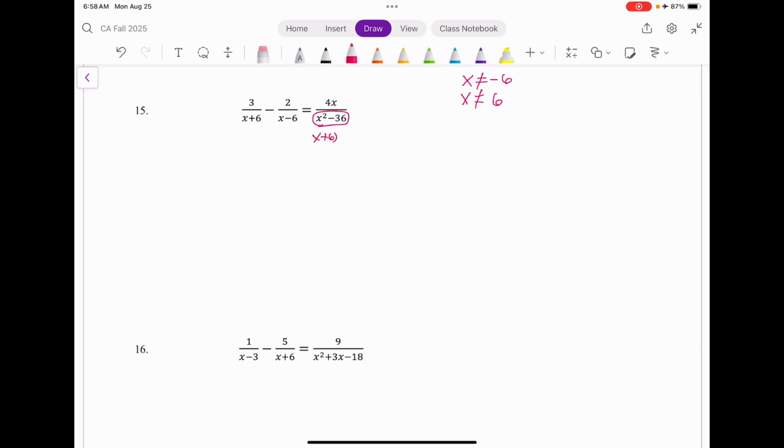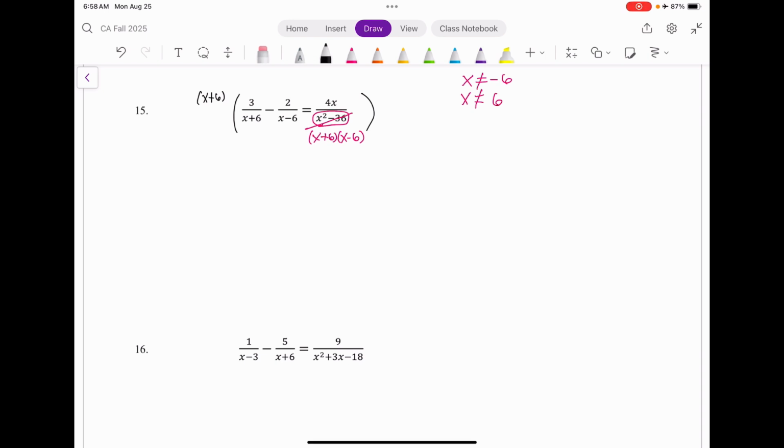So that actually factors into x plus 6, x minus 6. And I'm actually going to just replace the denominator with its factored form, so it'll be easier when I multiply by what I need to. So the lowest common denominator is x plus 6, x minus 6.